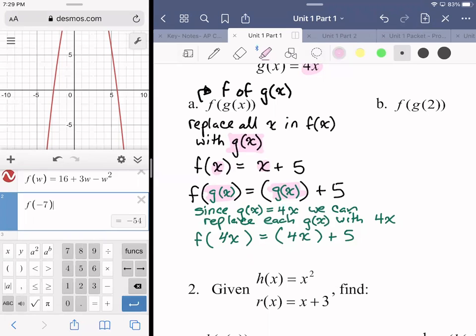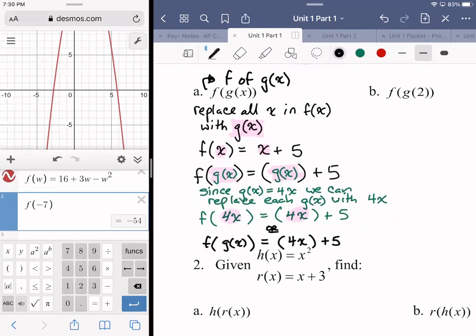We become interchangeable. So what that tells me is that I can go back and forth between calling every 4x g of x and every g of x, I can call that a 4x, right? So what that means is that I could write my final answer in this form, or I can write it as f of g of x is equal to 4x plus 5.